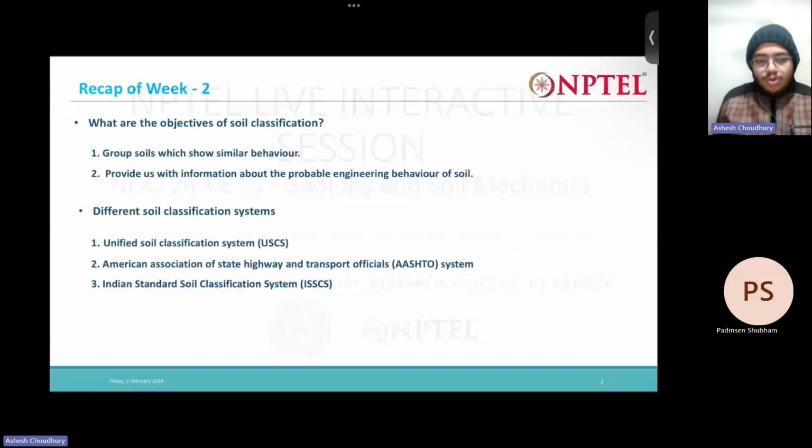All right, so let us start. What is soil classification and what are its objectives? Classification means to group similar items under one head. To group soils which show similar behavior is known as soil classification.